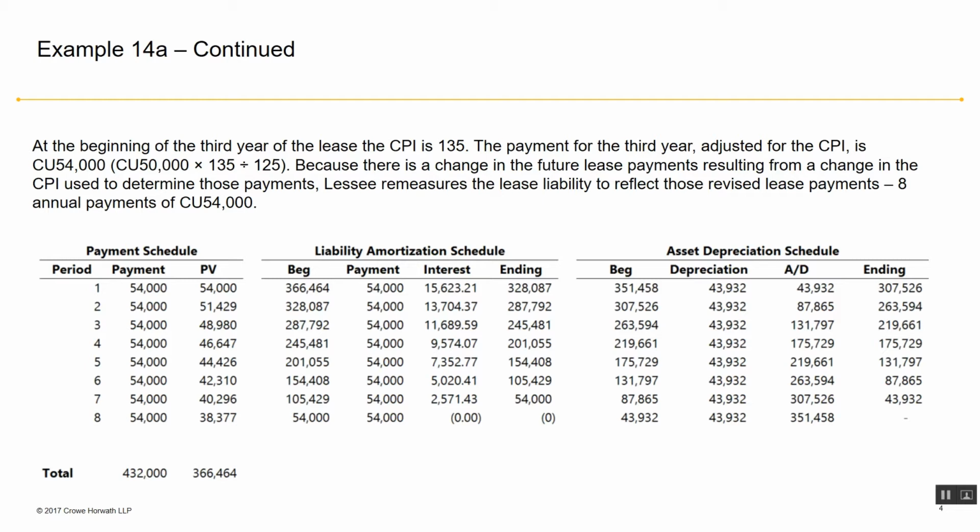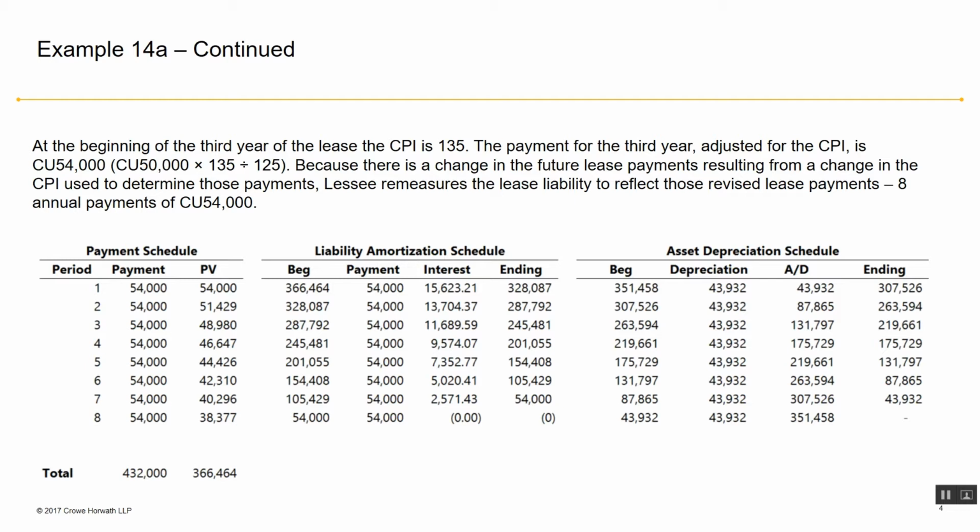Because there is a change in the future value of the lease payments resulting from a change in the CPI used to determine those payments, the lessee remeasures the lease liability to reflect the revised lease payments, which are 8 annual payments of 54,000 currency units.